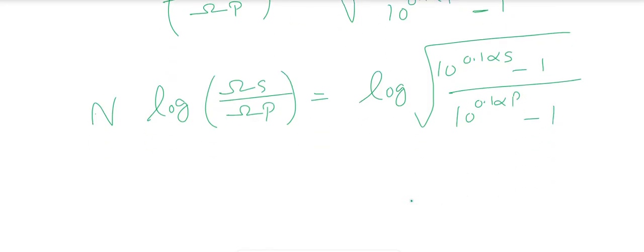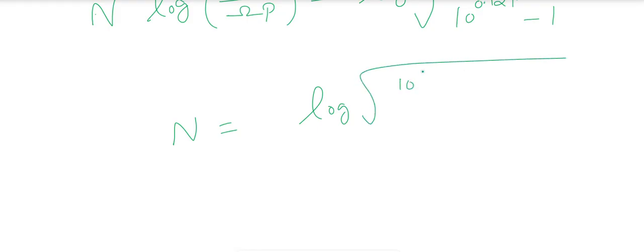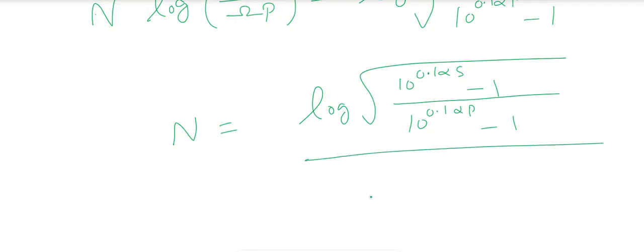So now n is equal to log of 10 to the power 0.1 alpha s minus 1 divided by 10 to the power 0.1 alpha p minus 1, okay, divided by log of omega s by omega p.